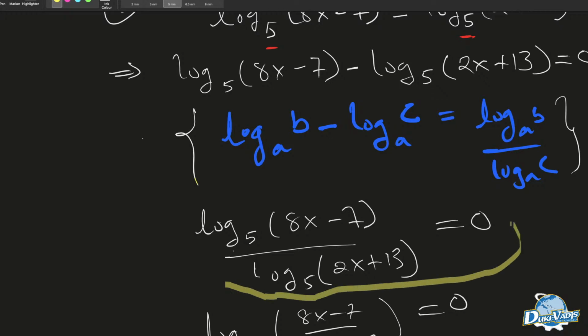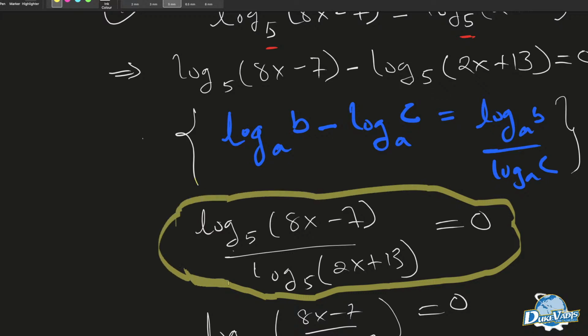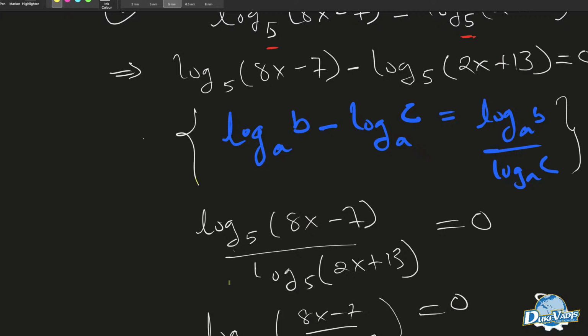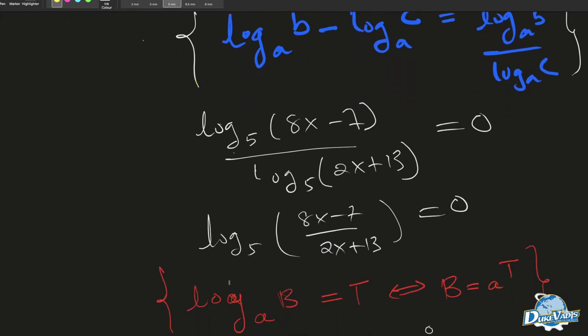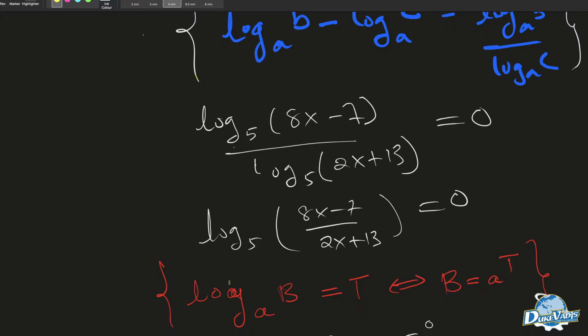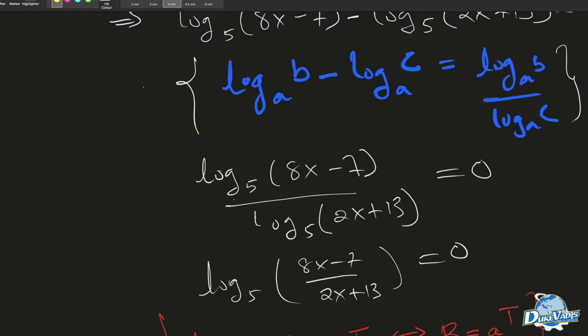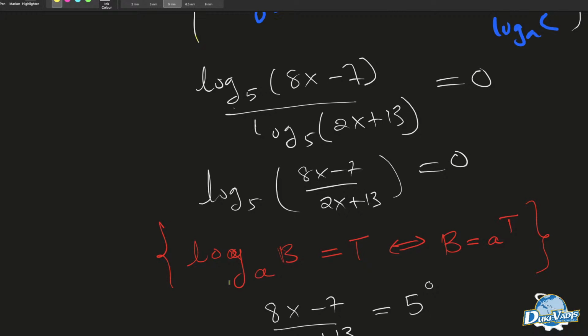Now we will have log to the base 5 of 8 minus 7 divided by that, and it equals what? 0. Have you seen that?